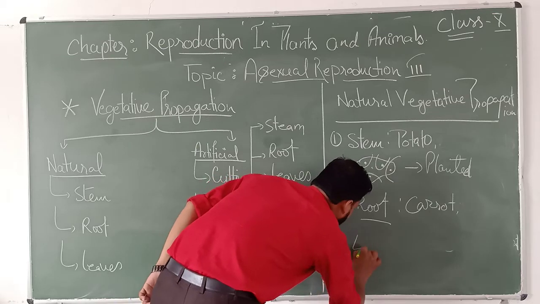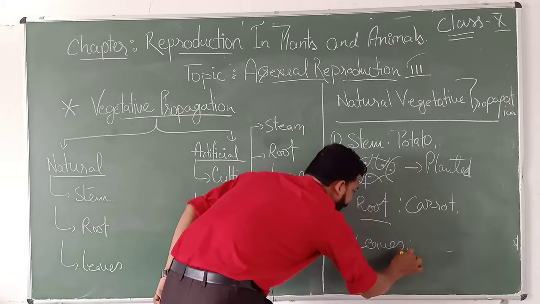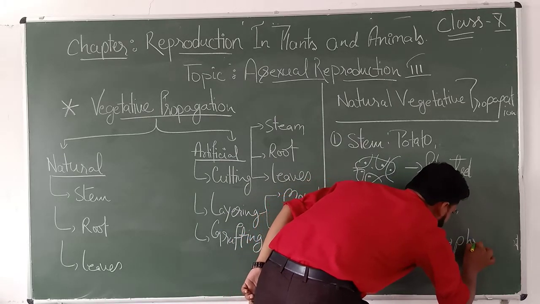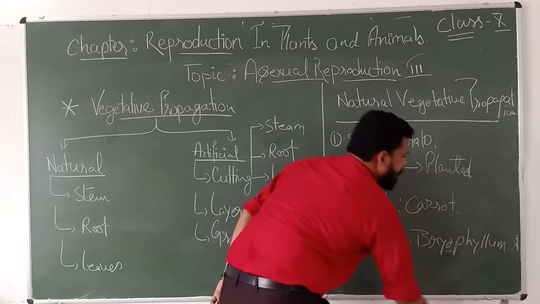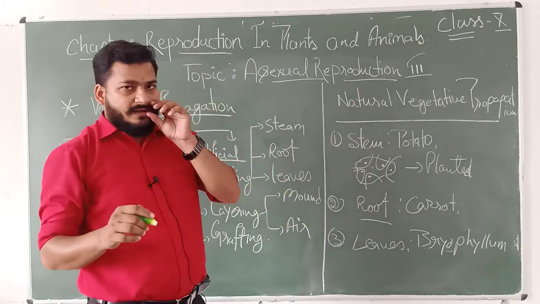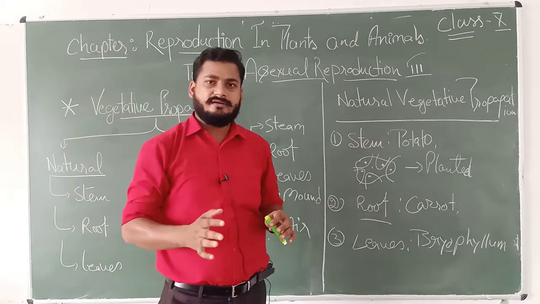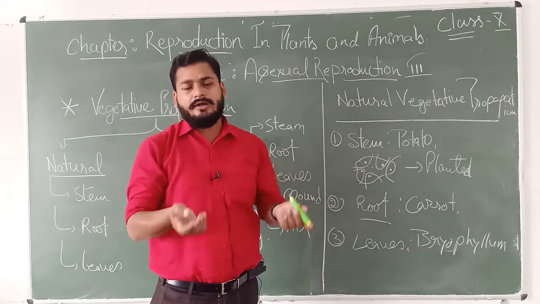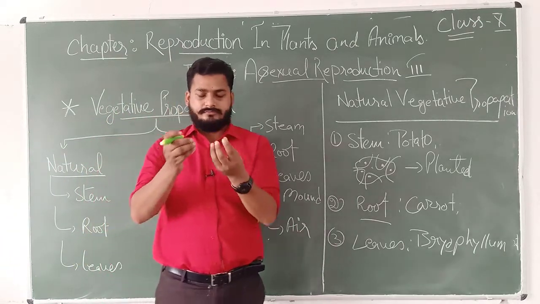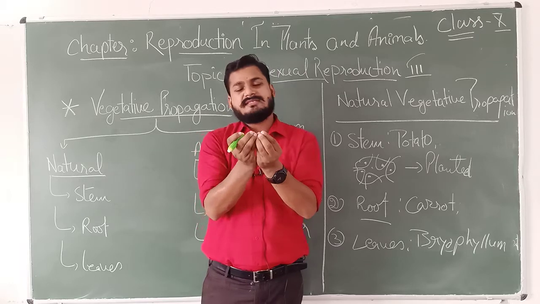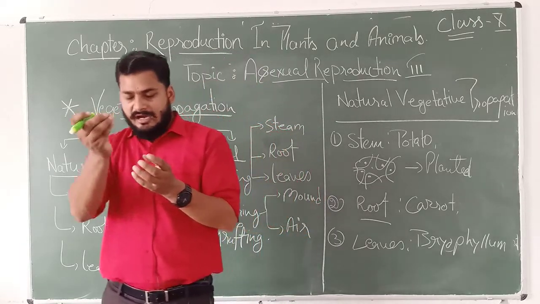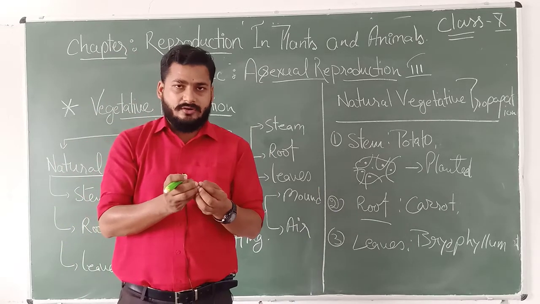Then by leaves. An example can be bryophyllum. Bryophyllum has a large leaf. You can cut the leaf and plant it on the ground or in a pot, and then the roots from the leaf will start to grow on the part which is under the soil, ground or pot.